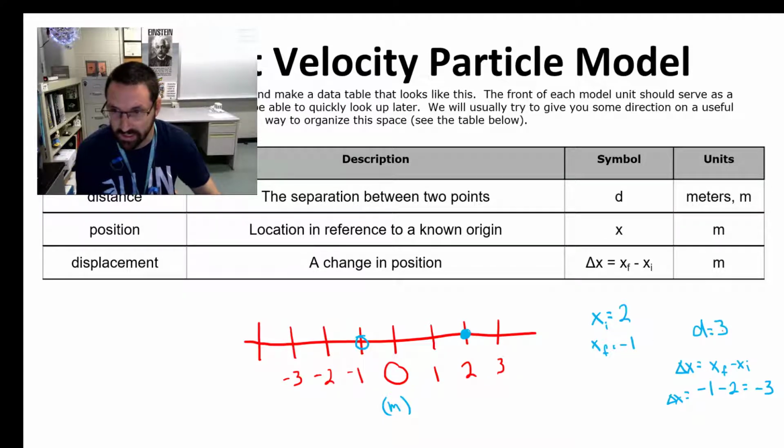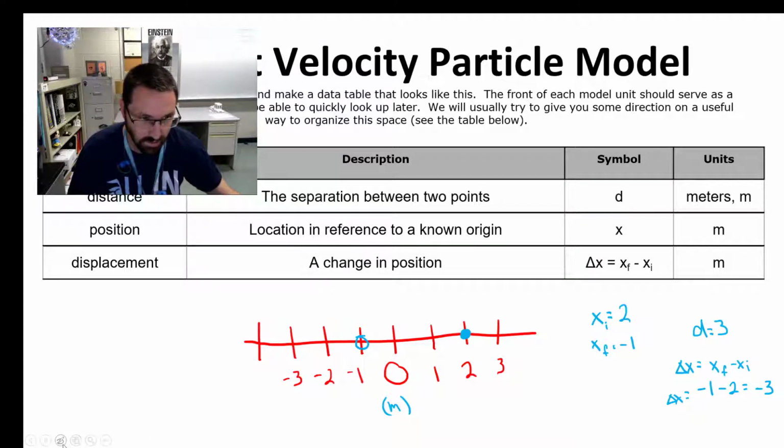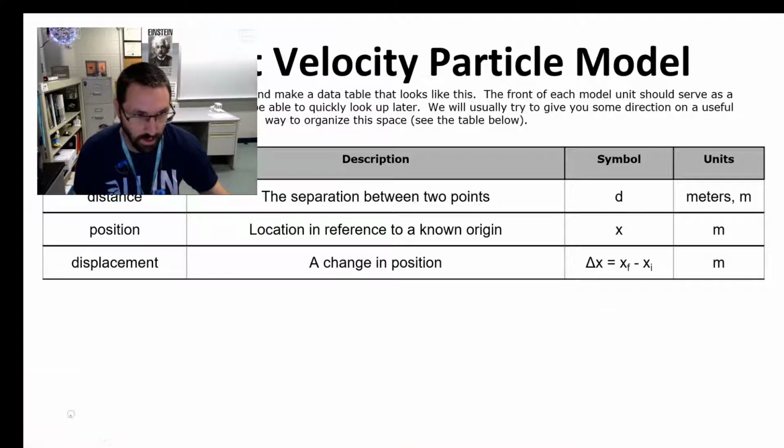However, its distance is +3. Distance is never a negative number. Displacement can be a negative number because displacement is the change in your position, and your position has to do with a known origin. So that's just a little bit of an introduction to some of those terms. They actually turn out to be pretty important, but let's keep going on.